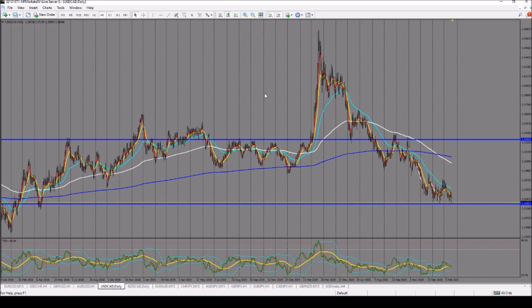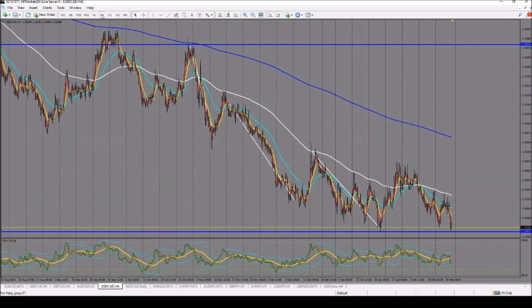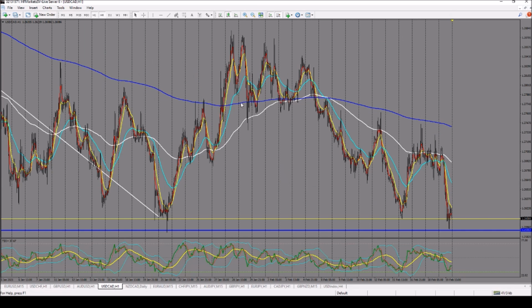So on the daily time frame, we can see that we have reached the same zone that we reached the last time. So my anticipation on this pair will be to look at going long if I have been issued a setup.